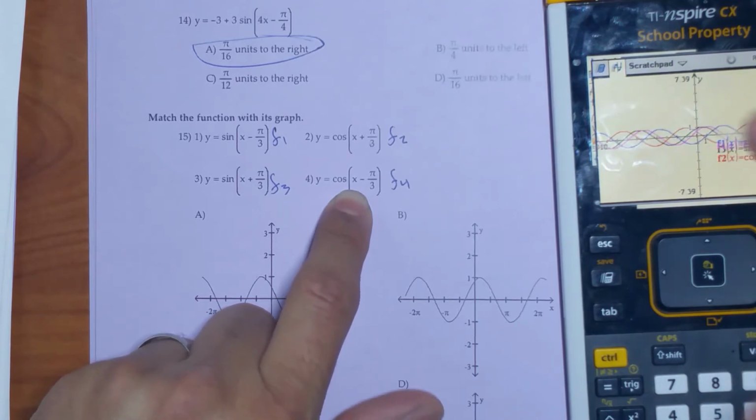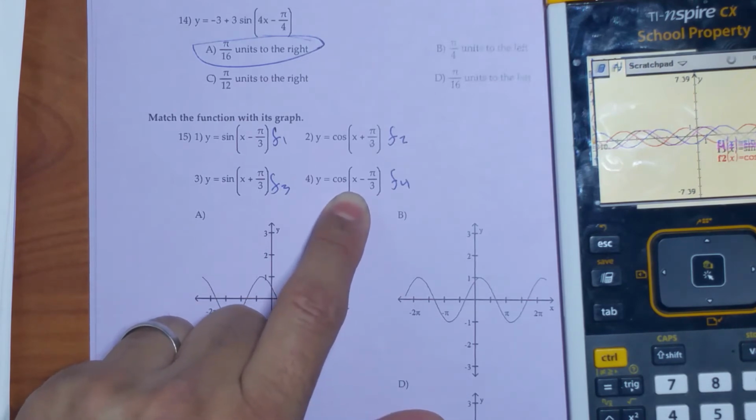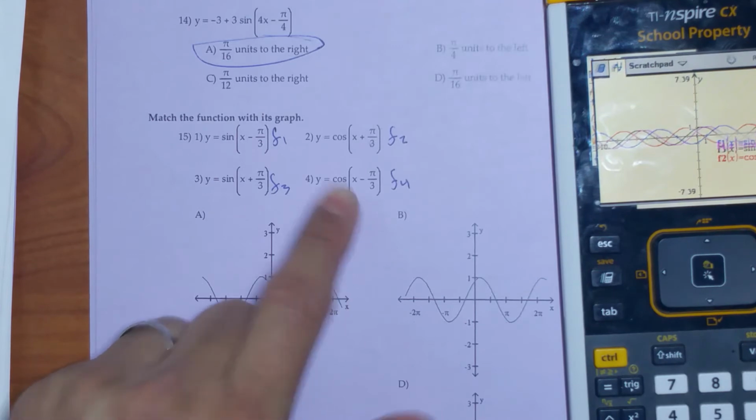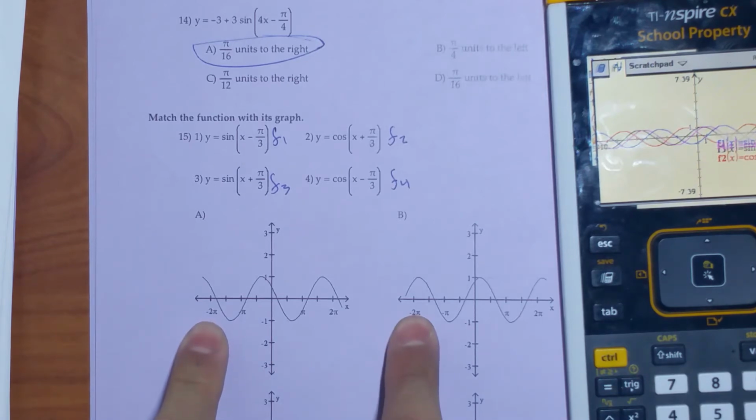Okay, so now we're going to change our window. Our window is going to help us out the most. So if I'm looking at all my graphs right here, what is the x minimum? Look at negative 2 pi, right?